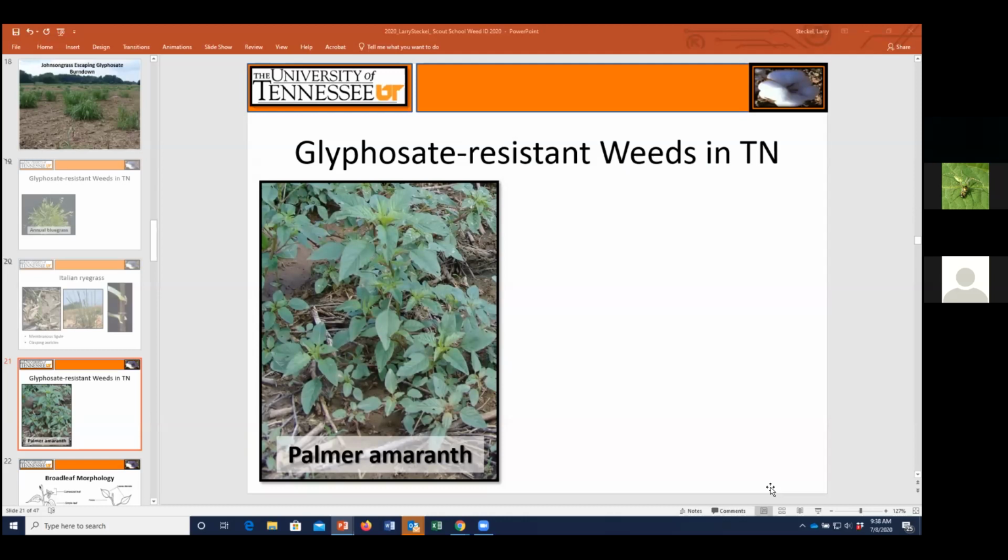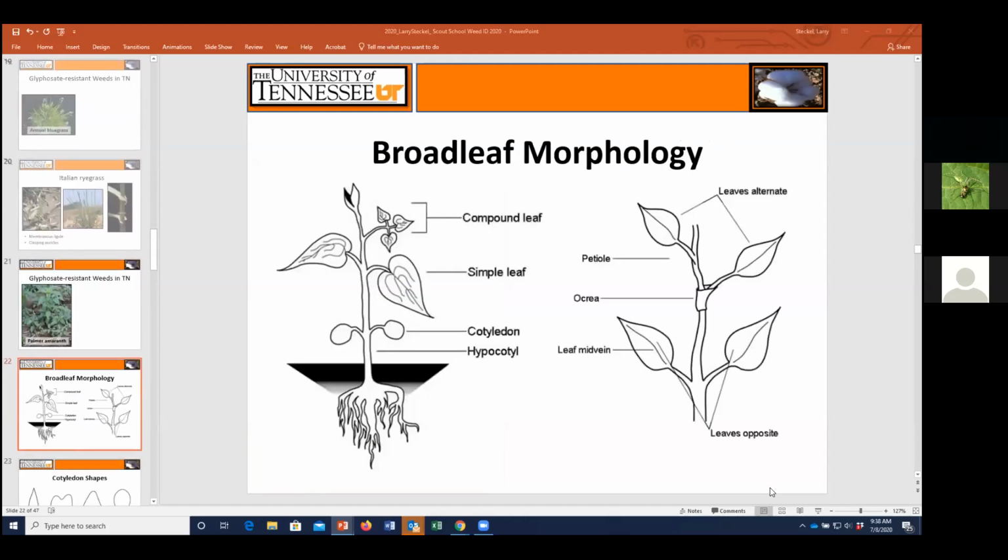Most of you know what it looks like when it's big and tall, and it's very common now throughout the state. It's got an alternate leaf pattern, and a lot of us can tell it at a glance. But with a lot of these other broadleaf weeds, you really have to look at some of the leaf structures. Does it have a compound leaf?